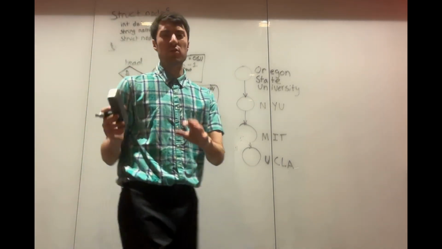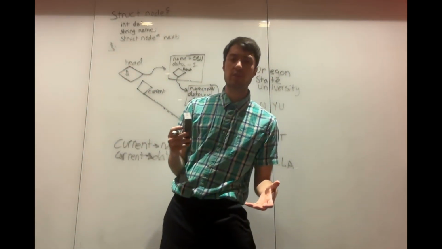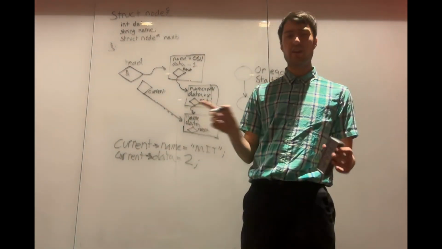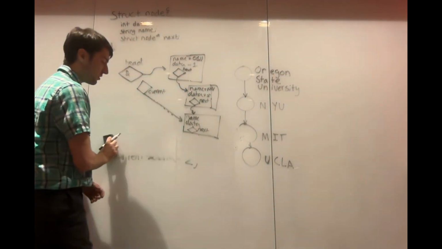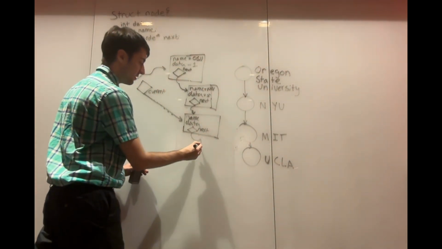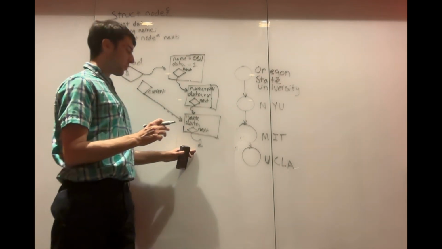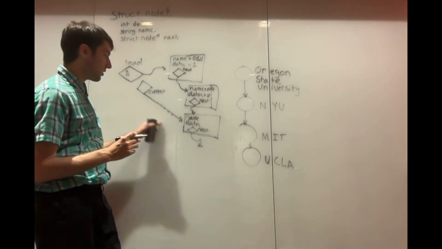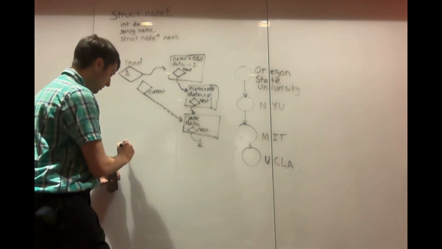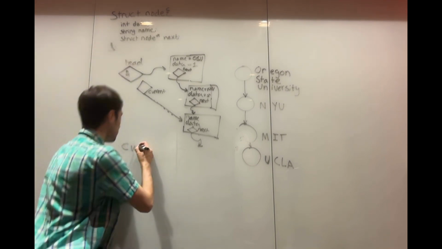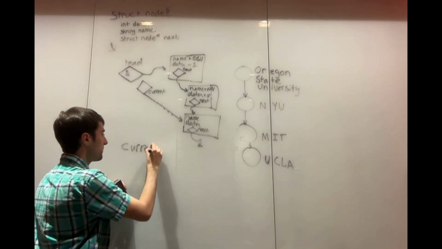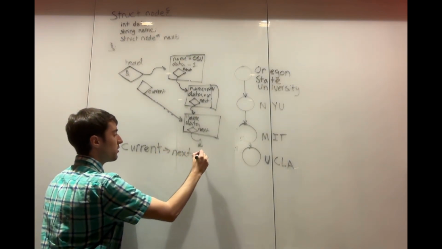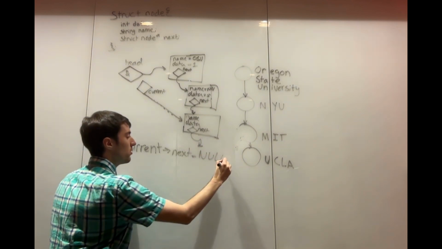All right, so now there's one other thing that we normally like to do every time that we create a new node, which is this next pointer right here. We don't really want it to be pointing to nothing. We don't want it pointing to random garbage. So normally when we create this new link, we will say current next equals null.